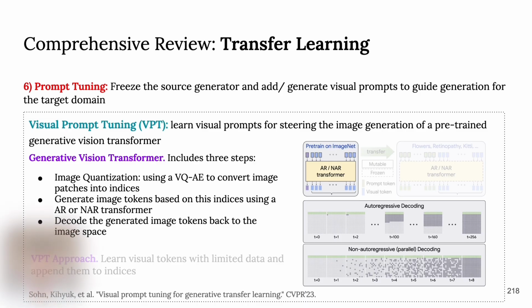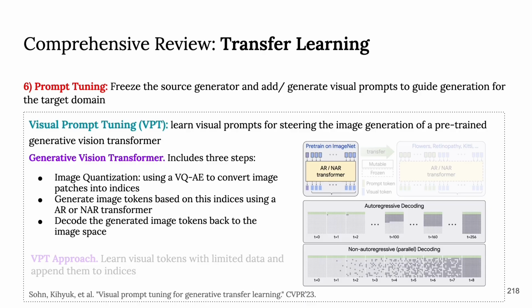They discuss that generative vision transformers include three steps. We have image quantization, which usually uses a VQ-VAE to convert image patches into indices. Then we generate image tokens based on these indices using an autoregressive or non-autoregressive transformer.